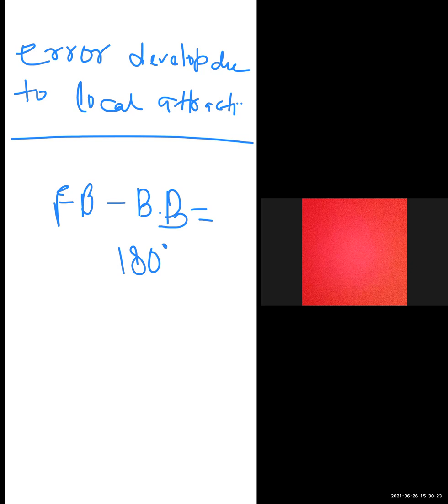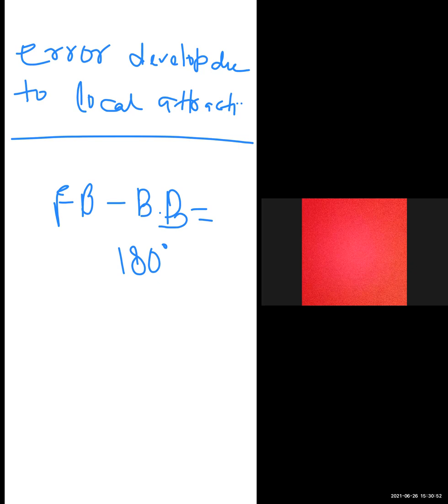For elimination of local attraction, the first method is that the bearings of other lines are corrected and calculated on the basis of the line which has a difference between its forward bearing and back bearing equal to 180 degrees.